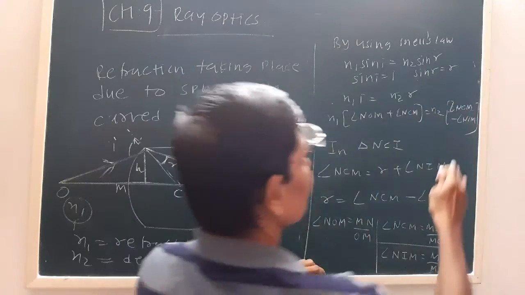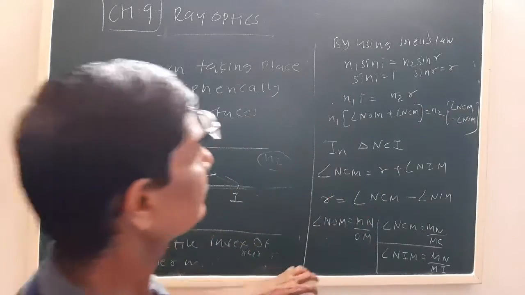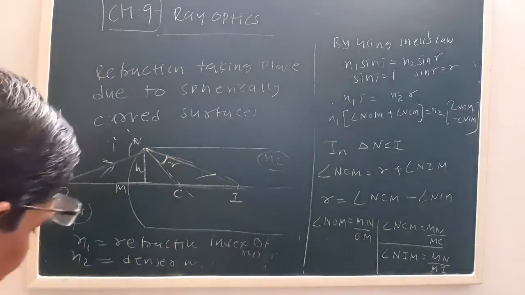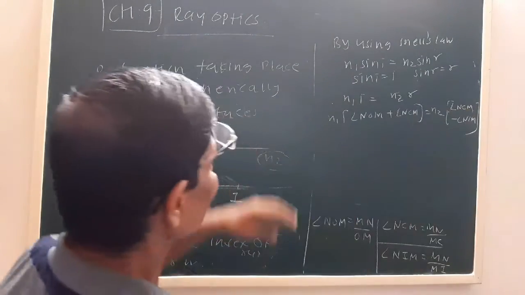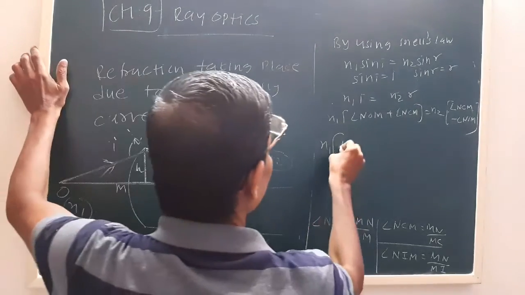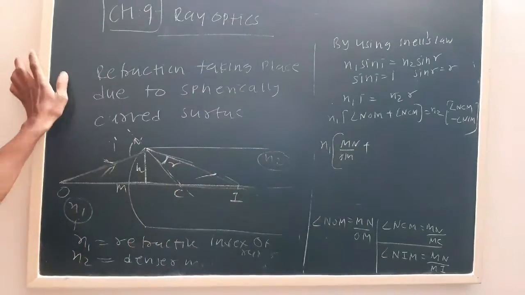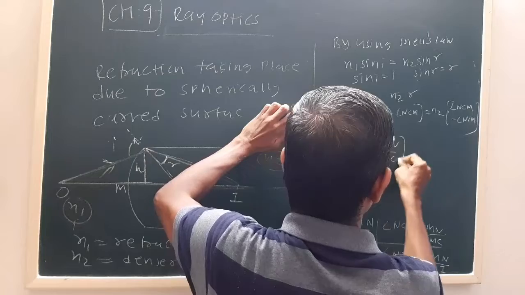Okay, so R is, we have written NCM minus NIM. Now we substitute the various angles. See, N1, what is NOM? It is MN upon OM. What is NCM? MN upon MC.